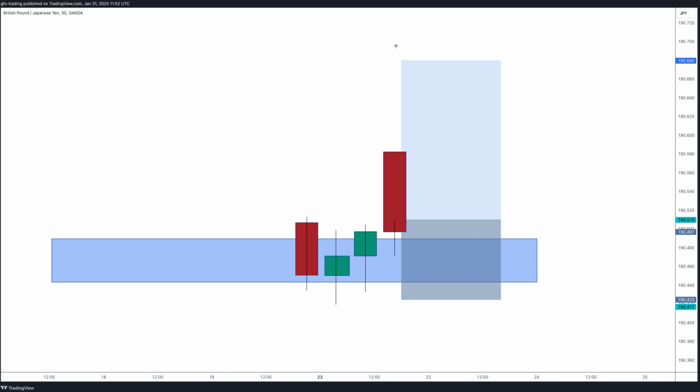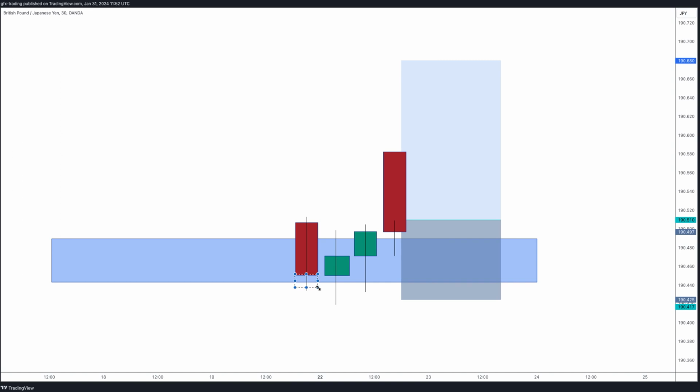And the first thing I want to show you is, if you remember in the previous video, we were talking about these wicks here, and we were talking about the closure of the 4-hour. So for me, number one is, if the 4-hour does not close below the level, there's a chance that level is going to hold, okay? So that's the first thing that you need to consider when you're looking at these zones.